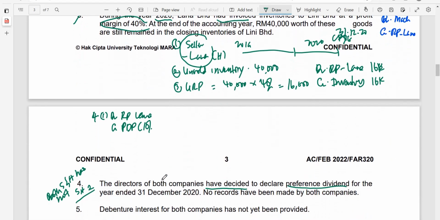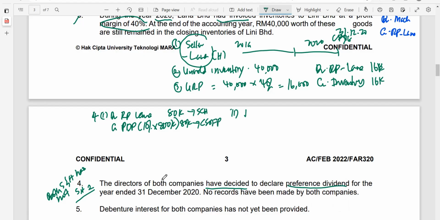So I will put here 10% times 800,000. So you have here 80,000. Include this in the schedule. Alright, so later also include this in the SOFP under your parent liability.